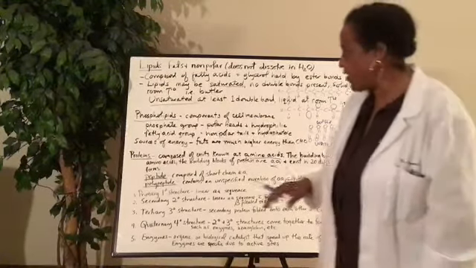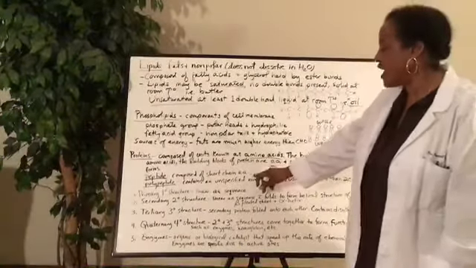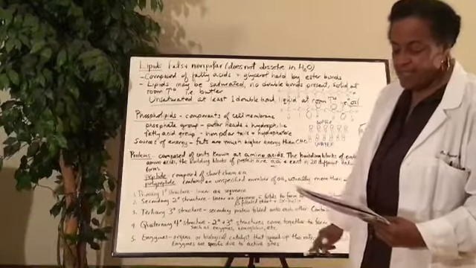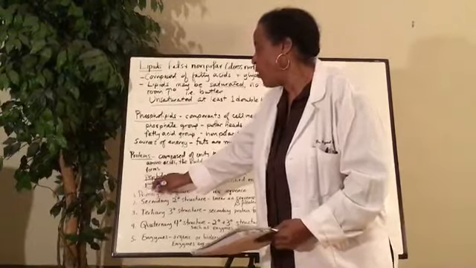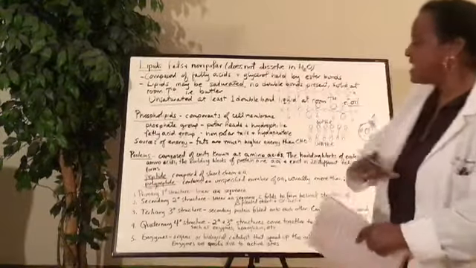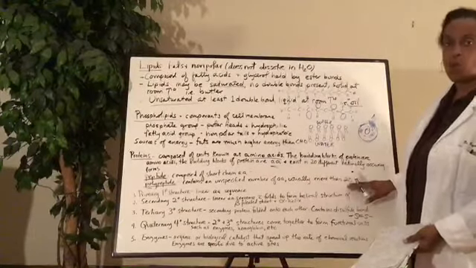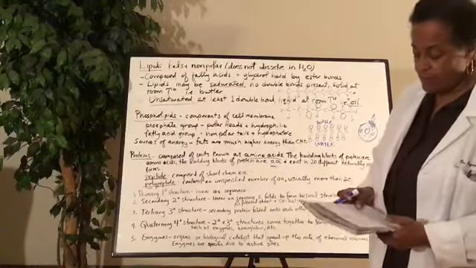I'm not going to get into all those. But the peptide is composed of a short chain of amino acids. Polypeptide, you can see that's going to be a lot of peptides. It contains an unspecified number of amino acids, usually more than 20.